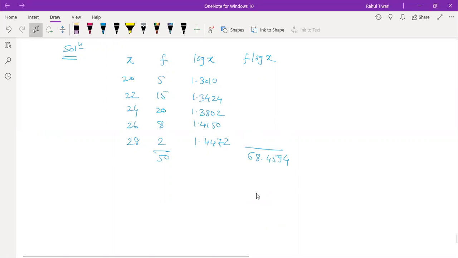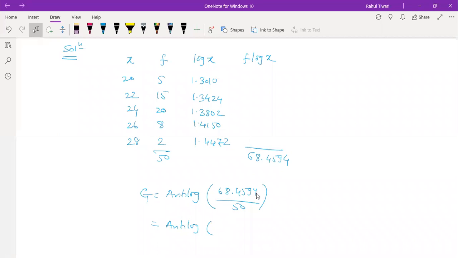So G becomes anti-log of 68.4594 divided by 50, which is anti-log of 1.3692. So finally the answer turns out to be 23.40.